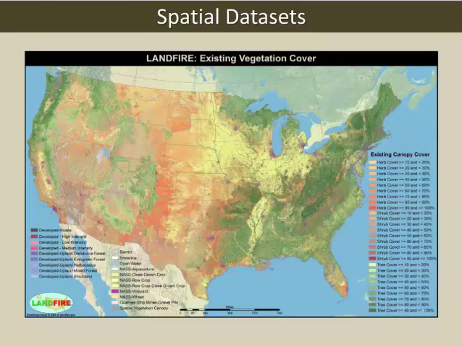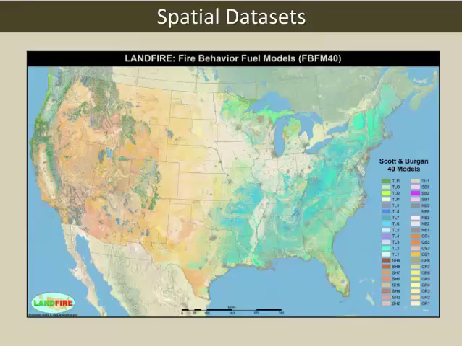So existing vegetation type combined with cover and existing vegetation height allow you to do habitat modeling, for example. I've seen people do a number of bird habitat studies where they develop a rule set based on those three data sets. All right, also for the fire managers, we develop fire behavior fuel models, and here's the legend based on the Scott and Burgan 40.